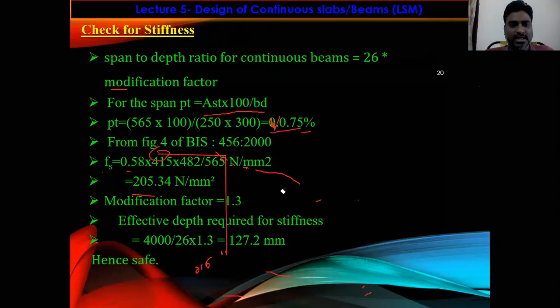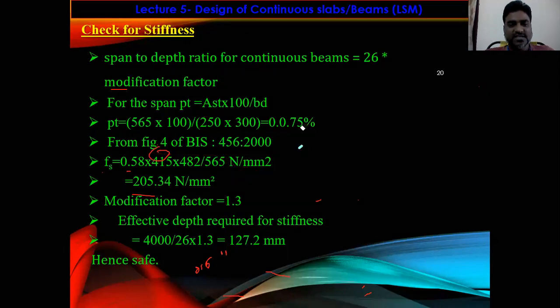Then calculate the allowable stiffness value, that means the L effective by d ratio. The allowable value is 26 into 1.3. Or you can calculate L by d equal to 26 into 1.3.